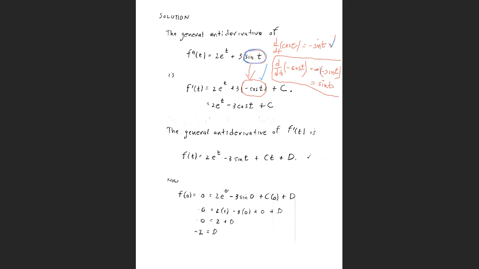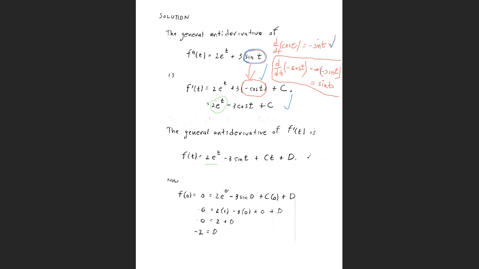All right, well, we're down to f prime of t, but now I need to get f of t. So I'm going to now take the general antiderivative of f prime of t. The antiderivative of 2e to the t is just 2e to the t. That's right here.